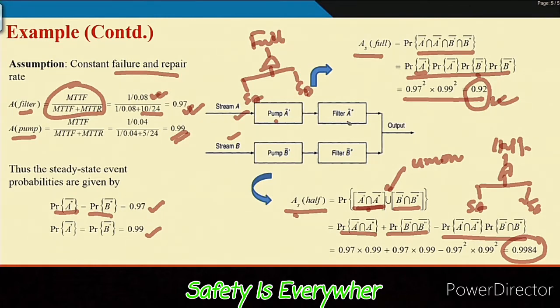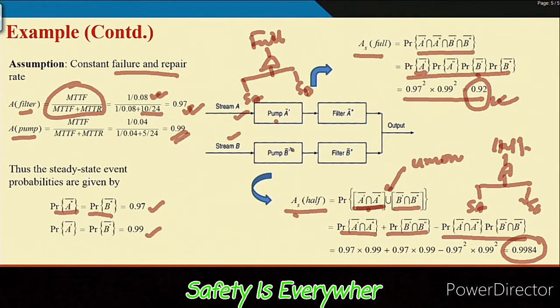So, for the first alternative or first choice, when we have only two streams, the availability of A is full is 0.92 and availability of half is 0.9984.